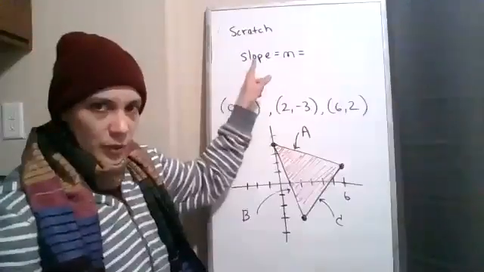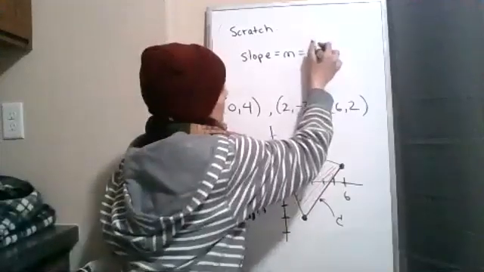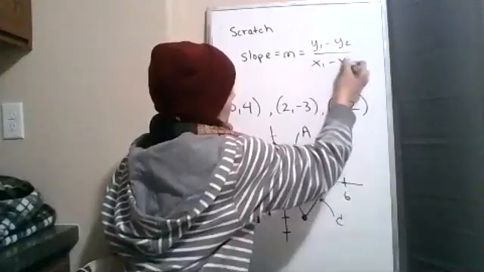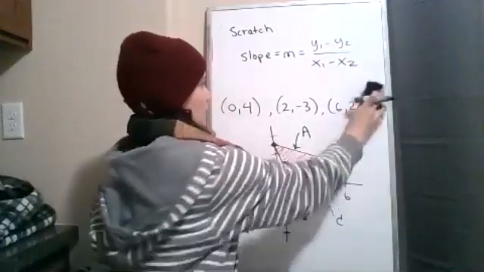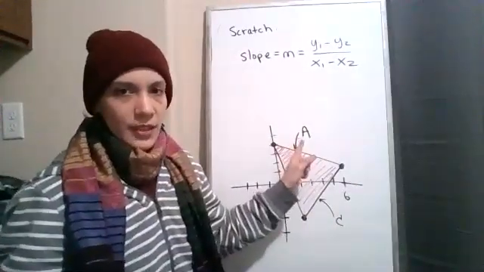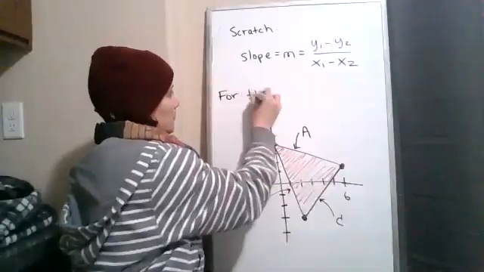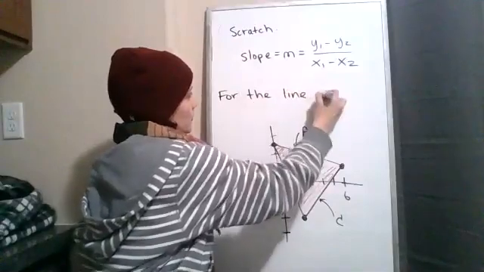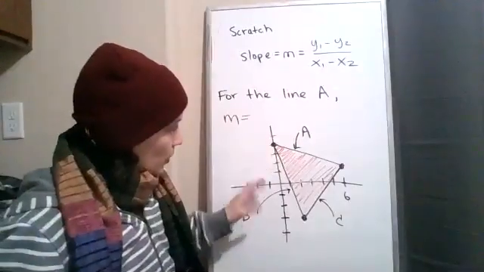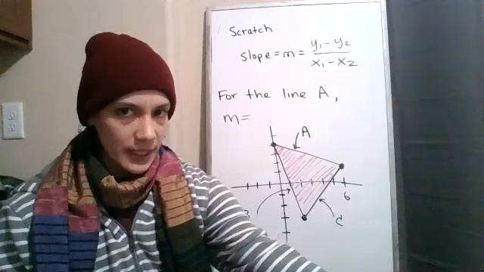Just a reminder, slope is the difference in y values over the difference in x values. Let's do y1 minus y2 over x1 minus x2. Let's find this equation first. For the line A, I've got a slope of 4 minus 2 over 0 minus 6.